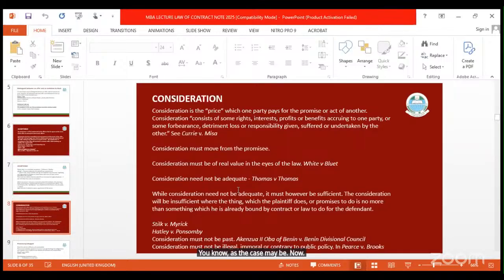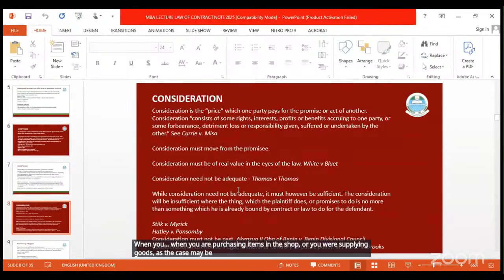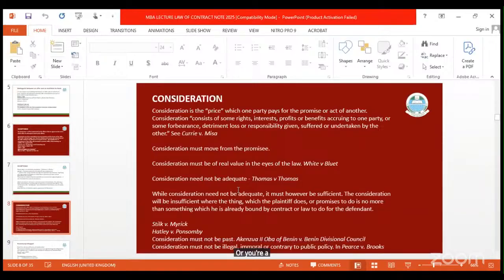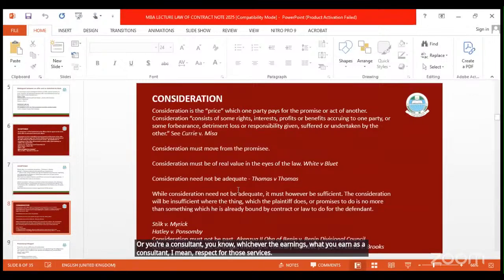Now, I give you a typical example also, when you are purchasing items in the shop, or you are supplying goods, or you are a consultant. What you earn as a consultant, in respect of those services, you might have sat down before the person comes for the services.